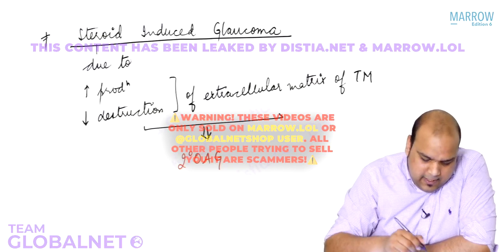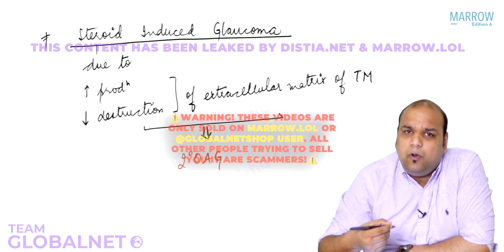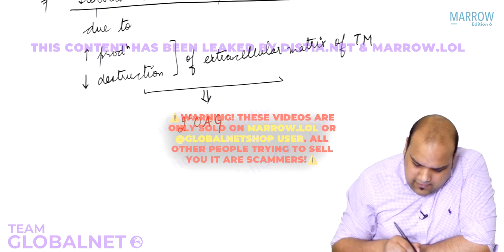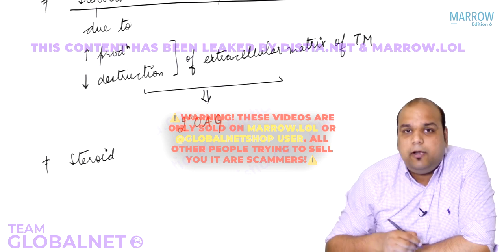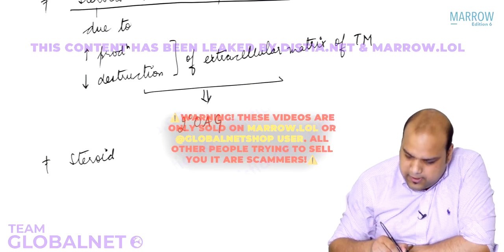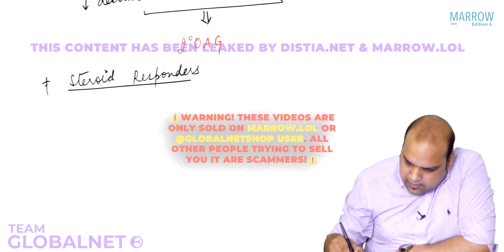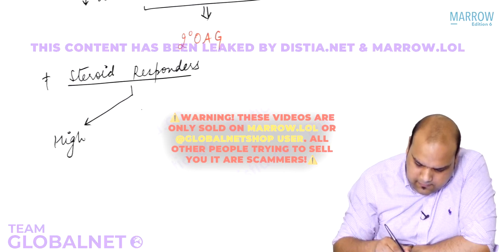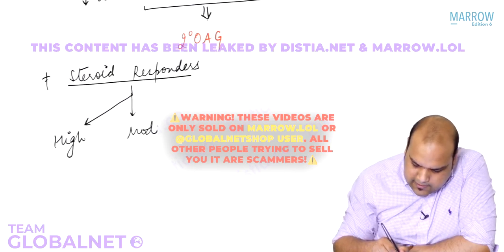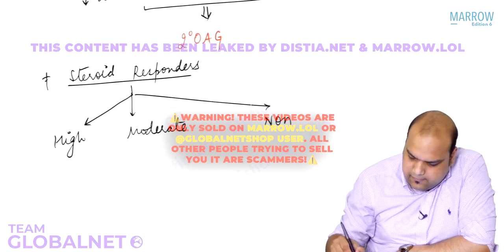Now, it is not that everybody who is being given steroids will develop glaucoma. We say that there are some people who are called steroid responders, some called non-responders. So steroid responders can be grouped into three, everybody: high responders, moderate responders, or non-responders.